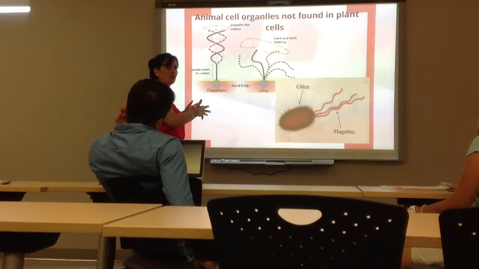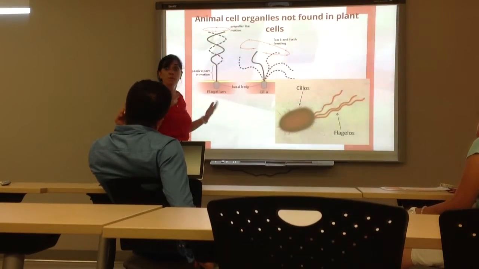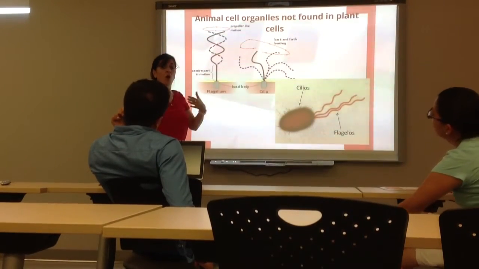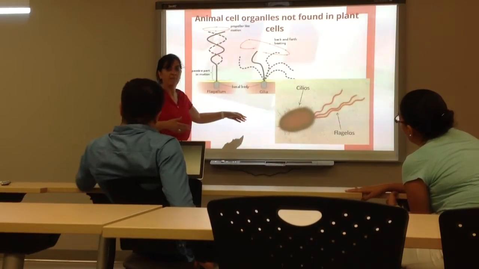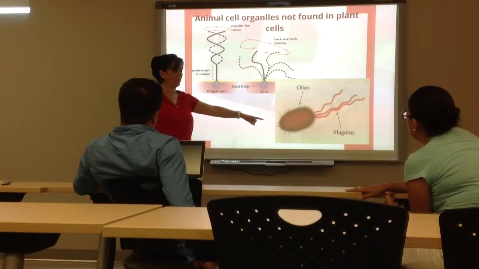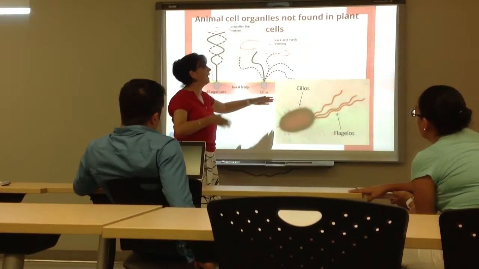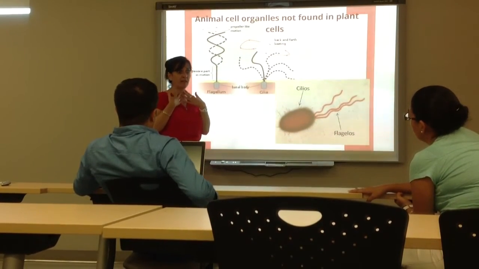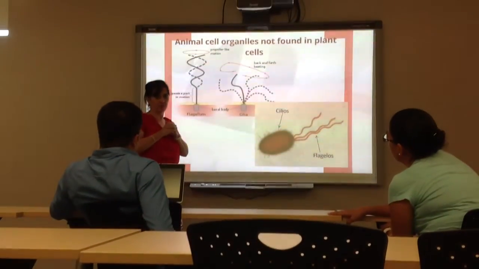Their main function is movement, to move the environment or move the cell itself. Do you remember one human cell that got a flagella? Sperm got a flagella. And in our respiratory epithelium, we have cilia that give us protection.